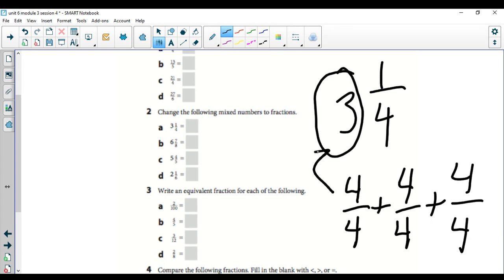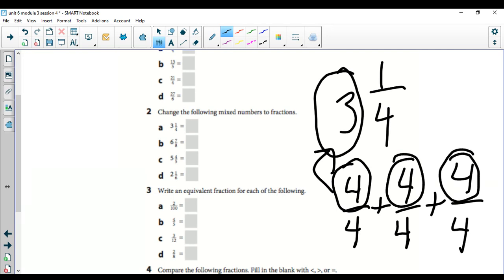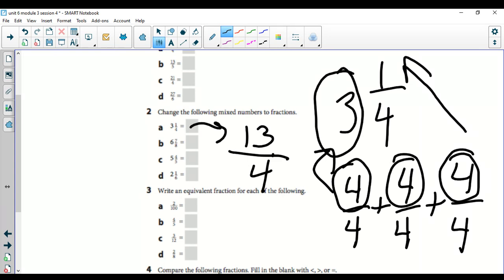That's what this 3 ultimately represents. So 4 plus 4 plus 4 gives you 12/4. And then you add that to the 1 that's left over. This, and I can't write it small enough, is 13/4. And hopefully you remember that from Unit 3. That's what 3 1/4 means. And that's how you turn it.